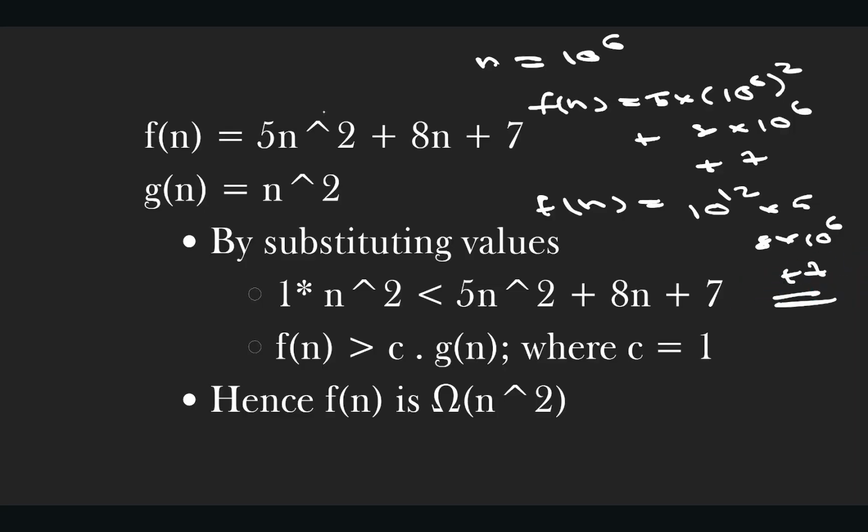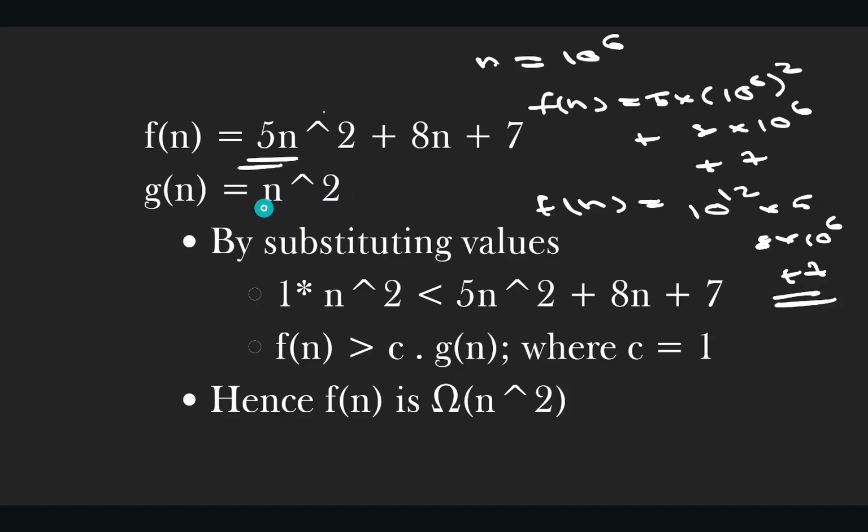So as n becomes a really large value, the contribution of the less dominant terms becomes less significant. Therefore, we only take the most dominant term, and we also remove its coefficient, which in this scenario is 5. We remove 5 because we are only interested in finding the class a particular function belongs to, whether it belongs to the n squared class, n class or n cubed class.